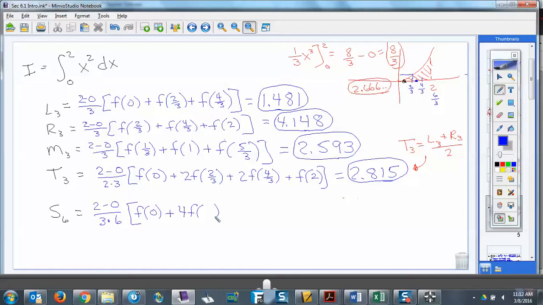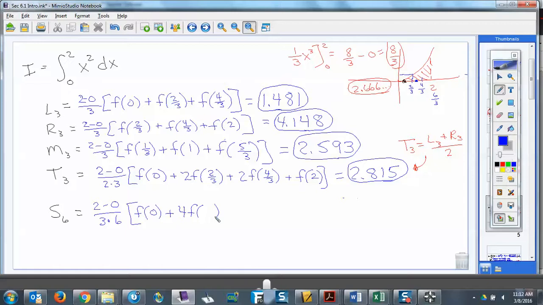Remember, when we're doing Simpson, we're using not only those, but we're using the midpoints too. We're using the midpoints and the other ones. That's why we have 6 subdivisions. We're going to go here, to here, to here, to here, to there, to the end.